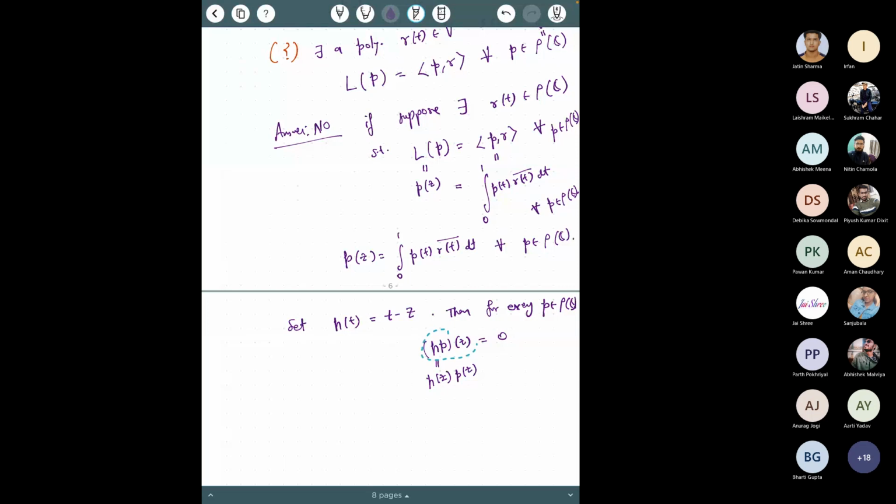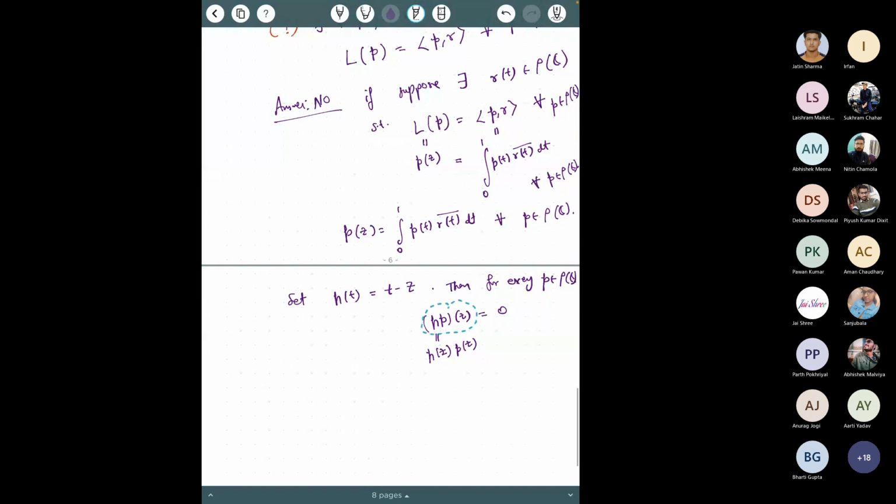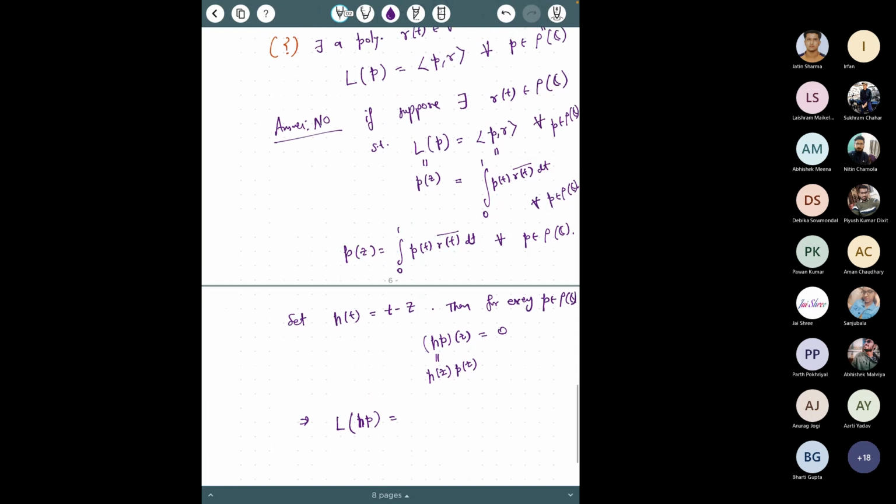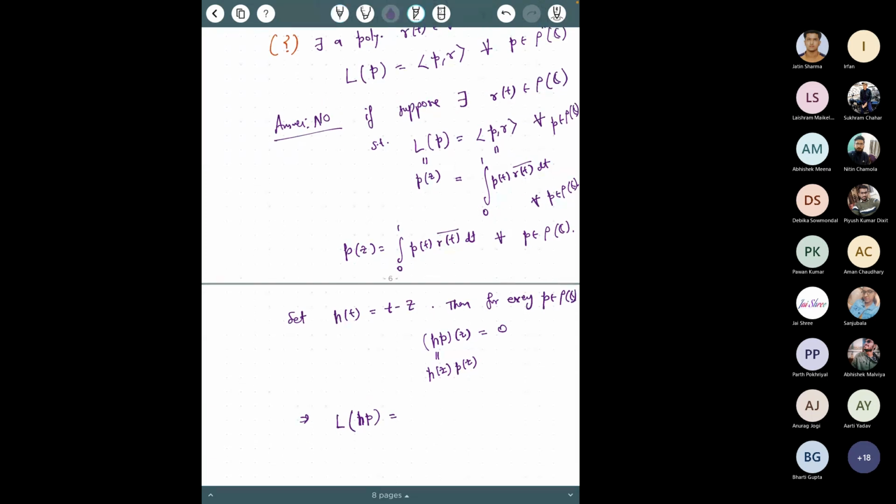Now this is true for all P. So this implies that if I look at L of HP, by assumption L of P is equal to this inner product, so this is equal to the inner product of HP with R. The left hand side here is 0, because by definition it is HP of z, which is 0.